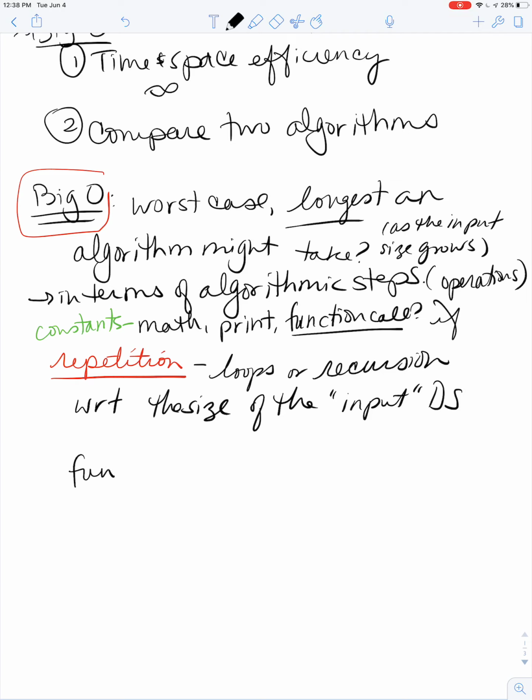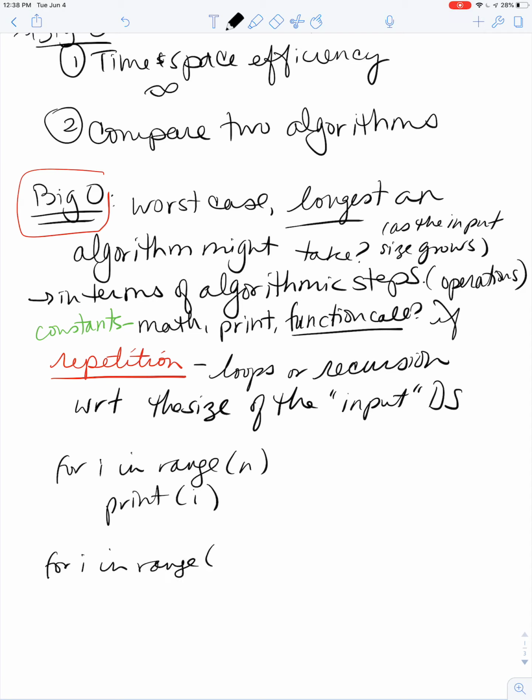So let's say we have a function. Actually, I'm going to do a loop. Scratch that. Let's do a loop. So for i in range of n, print i. And then let's do for i in range 5, print i.